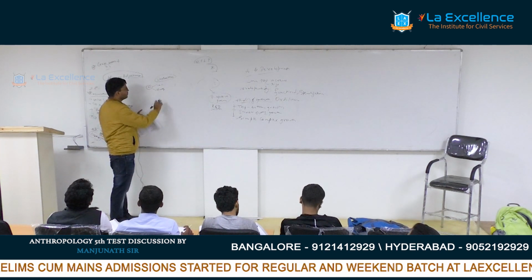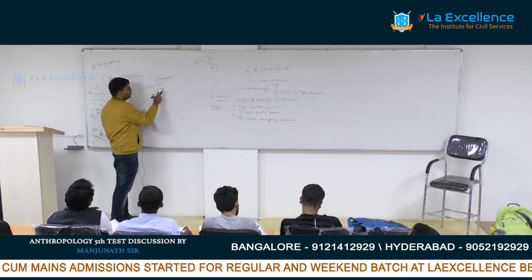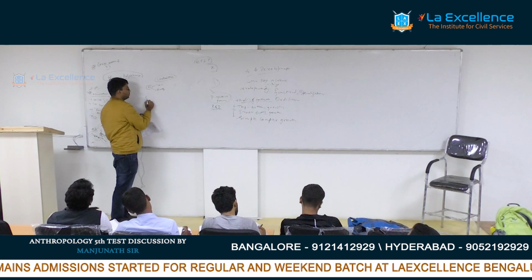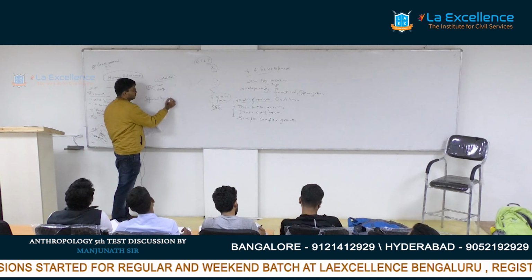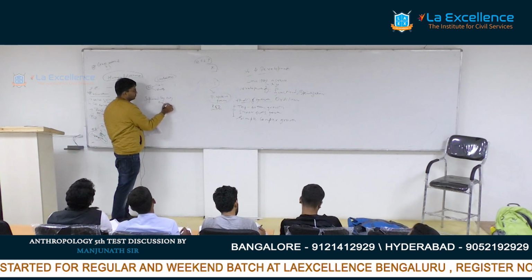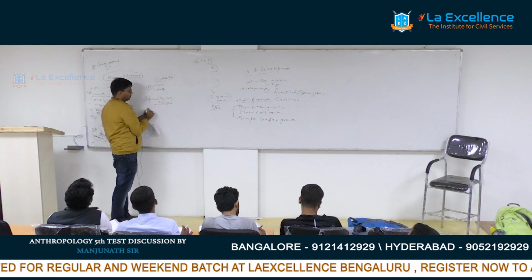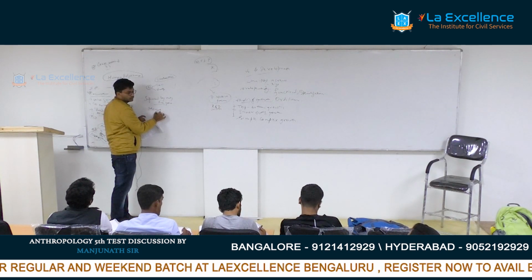When this character, this tallness, is influenced by only one gene, it's called monogenic inheritance.